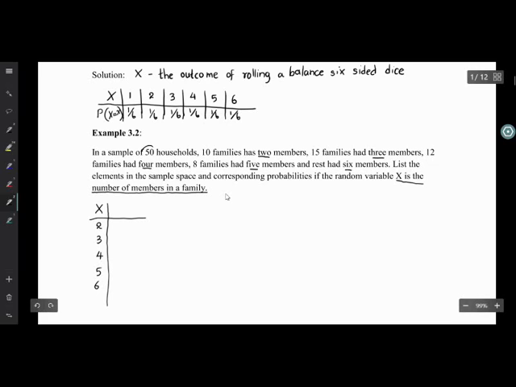Altogether there are 50 households. Out of them there are 10 with 2 members. So the probability of X having a certain value, simple X, in this case when X is 2, there are 10 out of 50, which is 0.2. There are 15 families having 3 members, so 15 out of 50, which will be 0.3.